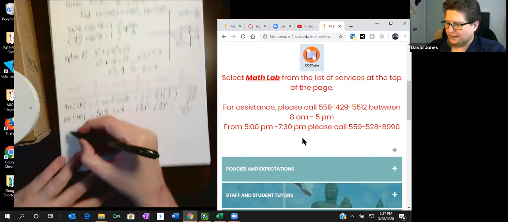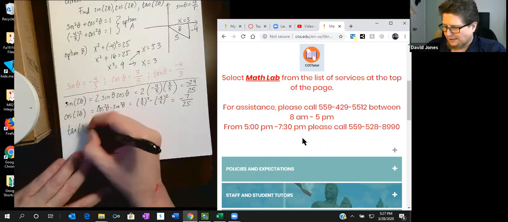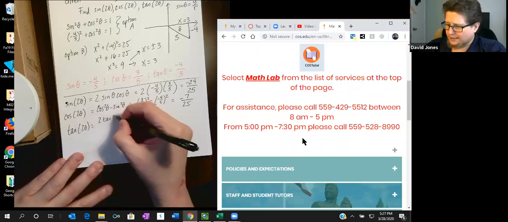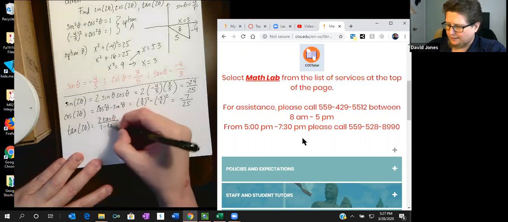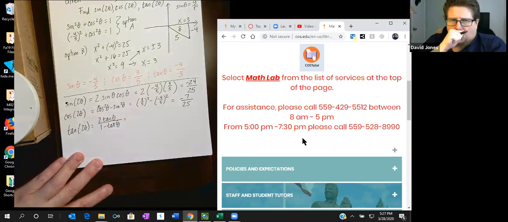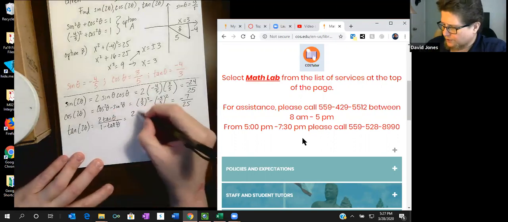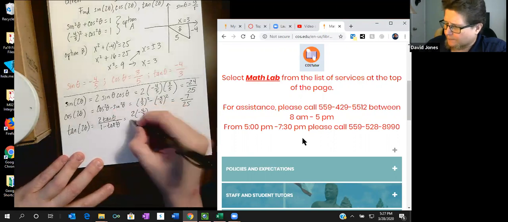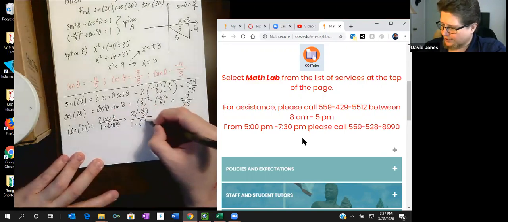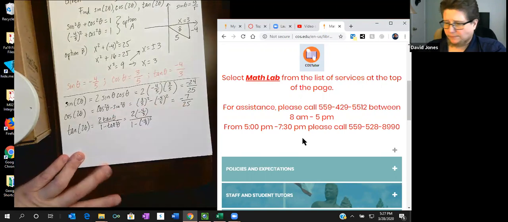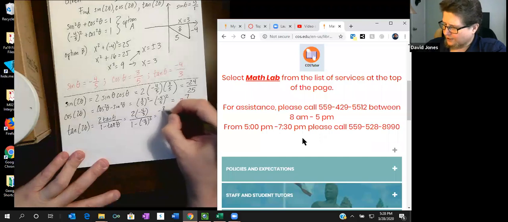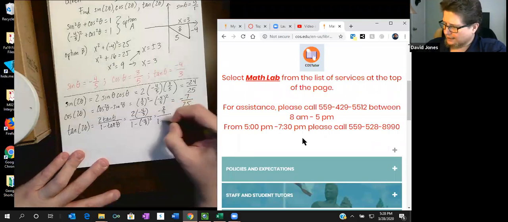We can do tangent of 2 theta a couple ways. Let's do the formula. This was 2 tangent theta over 1 minus tangent squared theta. Two times negative 4/3 over 1 minus tangent squared, which is negative 4/3 squared. This is negative 8/3 over 1 minus 16/9.